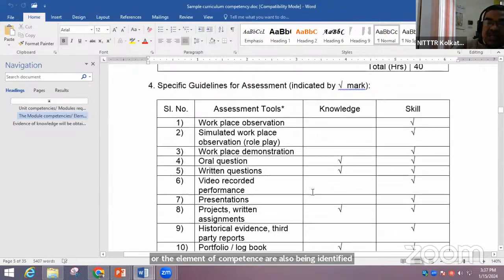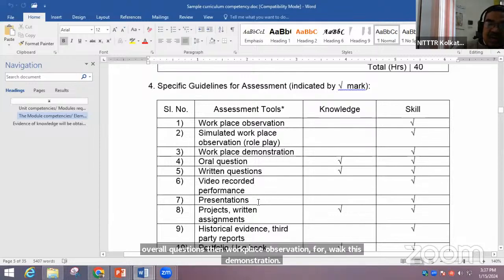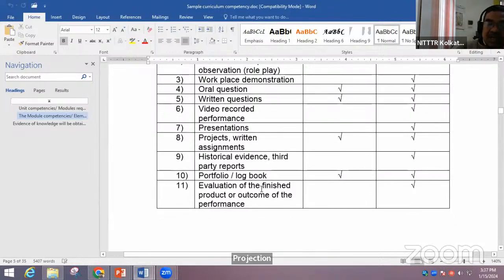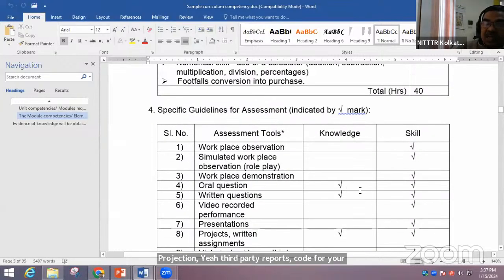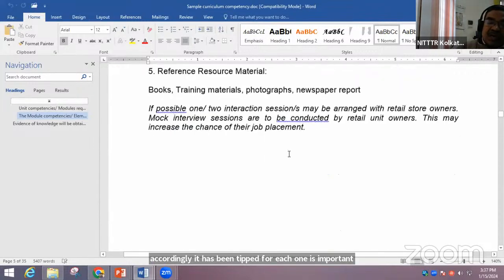For example, the assessment tools are oral questions, workplace observation, simulated workplace, workplace demonstration, written question, video recording, presentations, projection, written assignment, historical evidence, third party reports, portfolio, logbook, etc. Accordingly, it has been ticked which one is important and applicable for each.